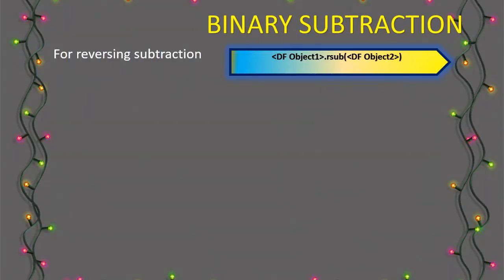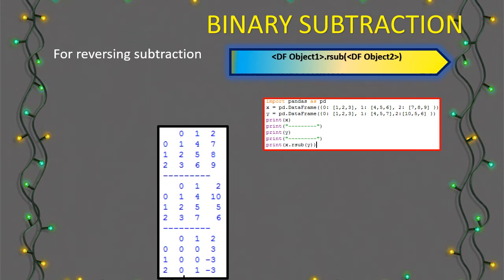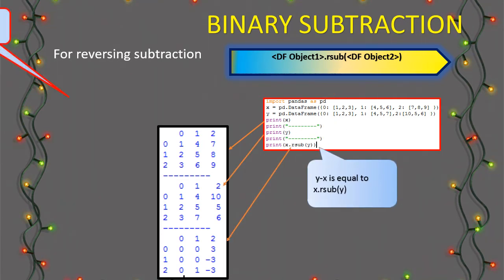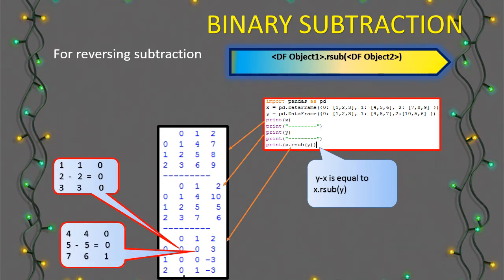For reverse subtractions, we can use the formula or rsub. See the example with the x and y data frames. So x.rsub(y), so the y value is subtracted from the x. See here, the first y column values are 1 2 3, and the x column 0 label column values are also 1 2 3, so the result is 0.